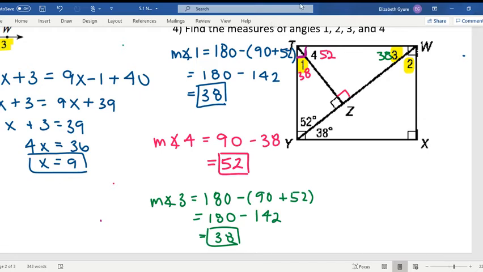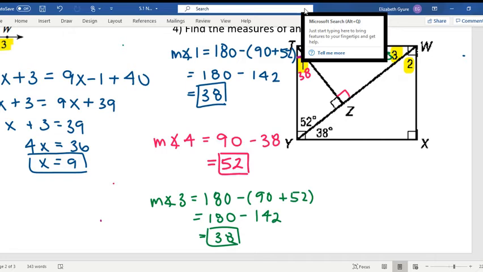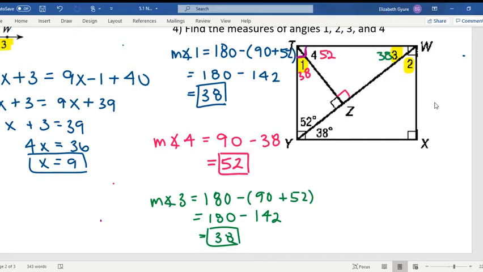Somebody I haven't heard from, how can we find angle 2? Joey, any ideas? Sure. Yeah, we could use this triangle here, right? And we could do that the measure of angle 2 equals 180 minus 90 and 38.